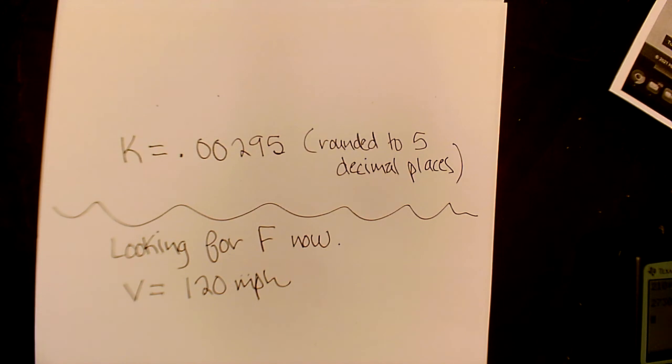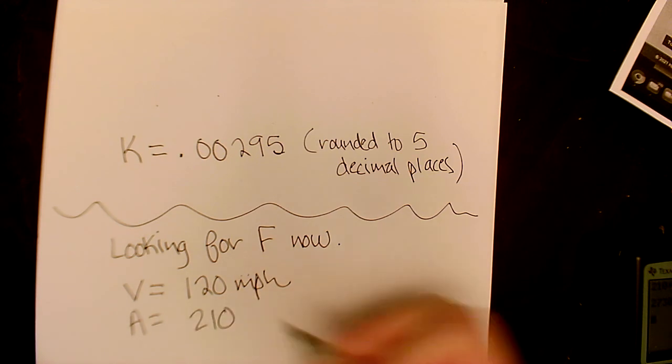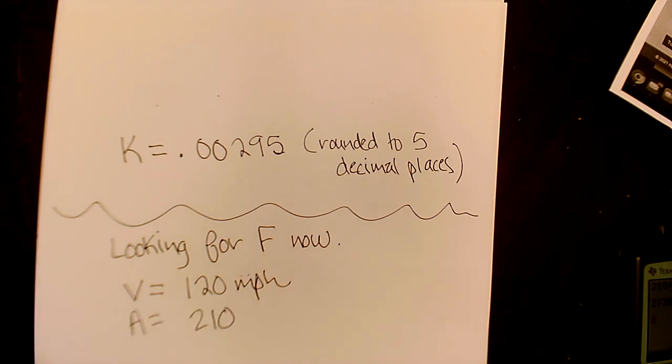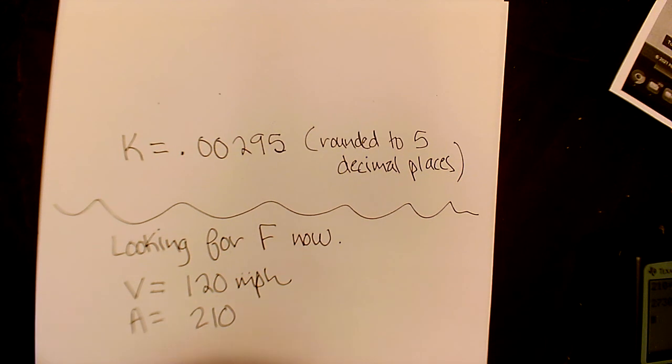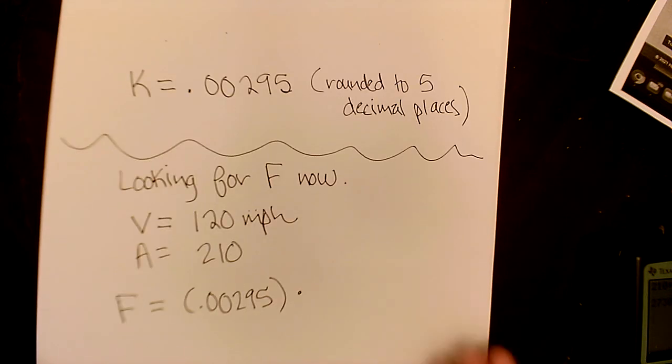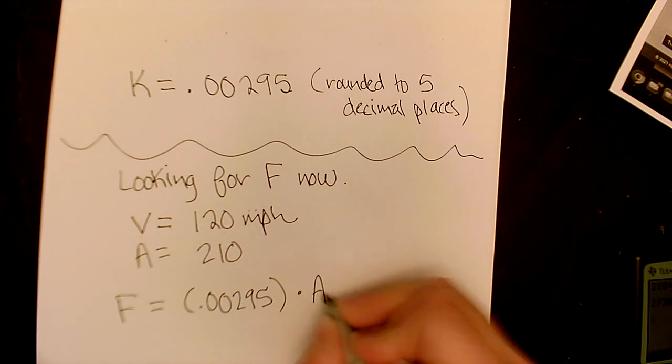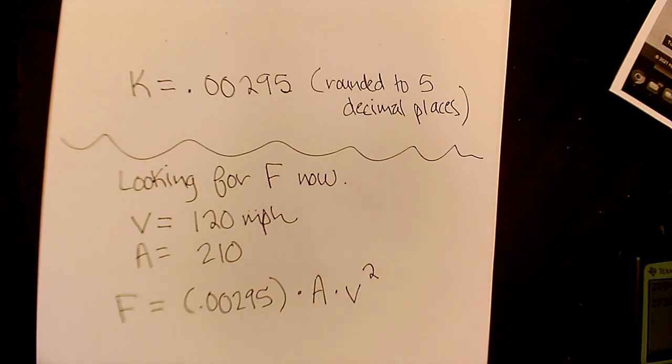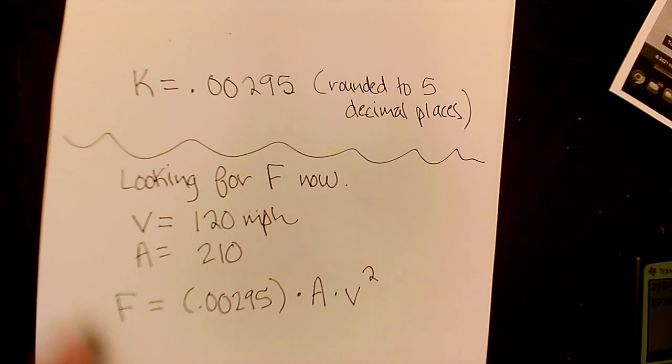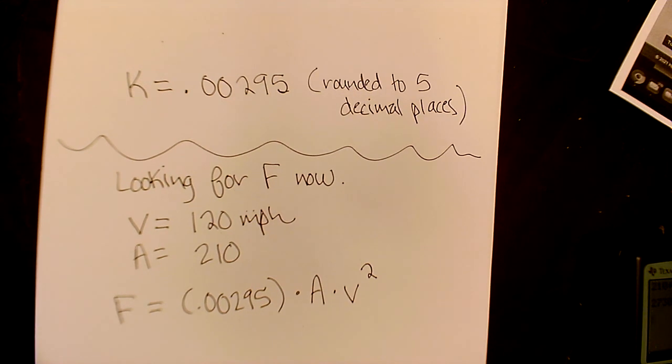We're going to keep the area of 210 because they didn't say anything about that. Let's start plugging in. Again, our formula is F equals, we know K now, K is 0.00295, times A times V squared. Here's our A and here's our V, and we're looking for F.